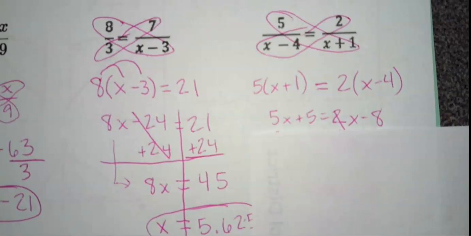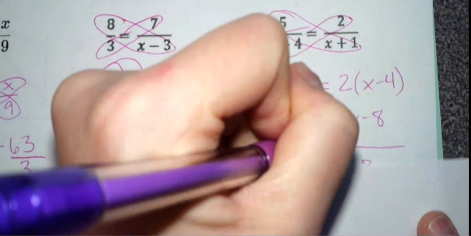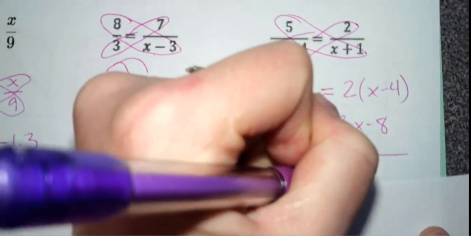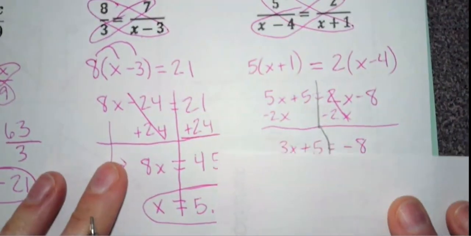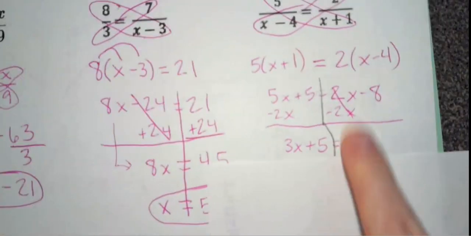So what I did first was subtract 2x on both sides. You may have done something different, and if you did, that's fine. Just wait till the end to see if you're getting the same answer. So I subtracted 2x on both sides. Let's make sure I draw that line there. Okay, and then I ended up getting this. So the negative 8 came down. This disappeared.